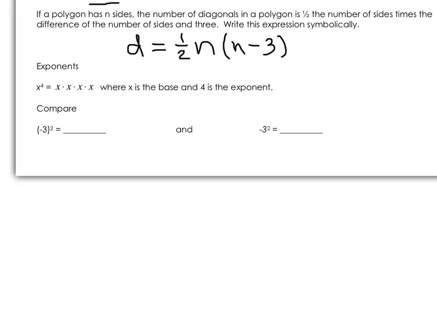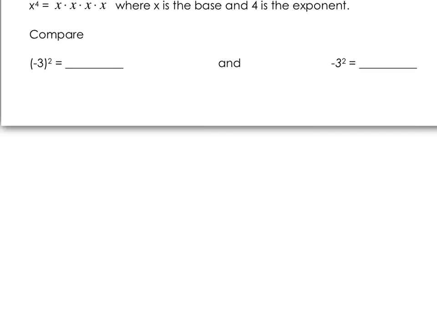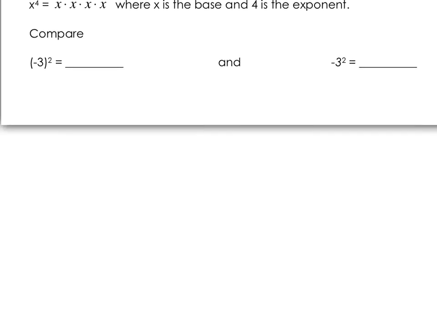X is the base and 4 is the exponent. So let's compare these two problems here. If you have negative 3 squared, that means negative 3 times negative 3. That's a positive 9. What happens if you have negative 3 squared without parentheses?